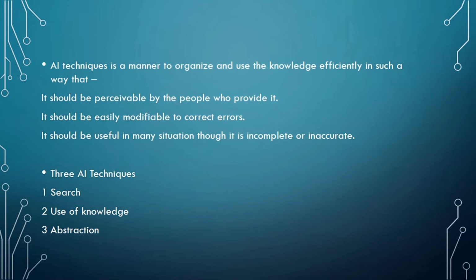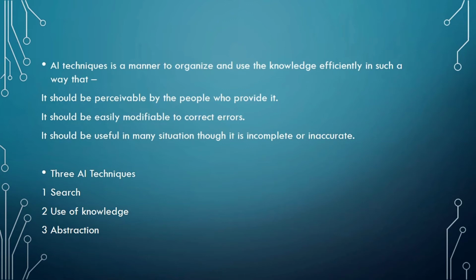Third, it should be useful in many situations, though it is incomplete or inaccurate. Here, for example, I am taking face detection. Face detection data is already trained, and if my camera and my model see my half face, it can easily identify that it is me.